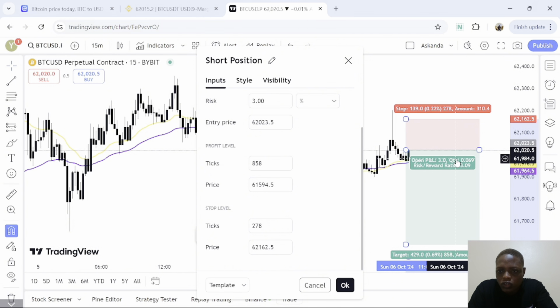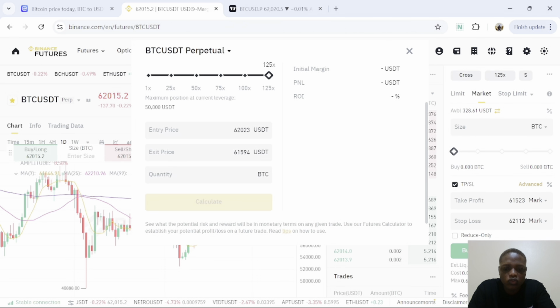Have you seen QTY 0.069? That's the amount we are going to use, 0.069. Then we click on confirm. So if the trade does go well, we are going to make like $29. Do you get it? If the trade goes well, we are going to make $29.